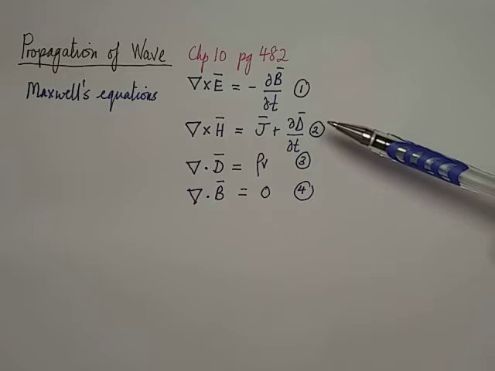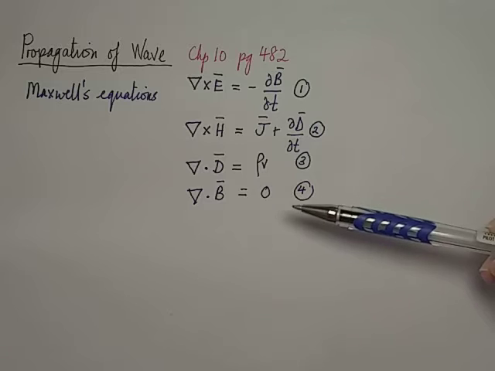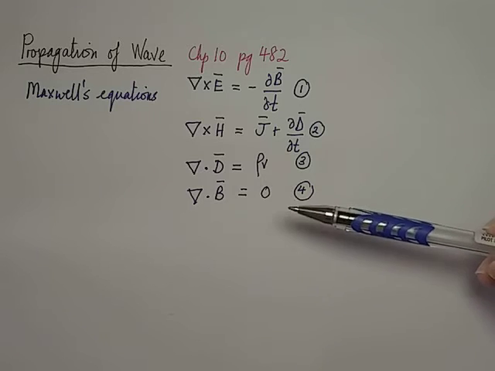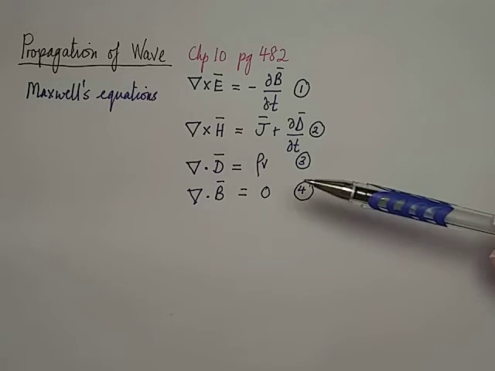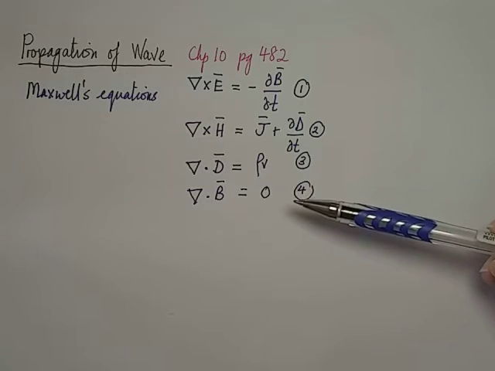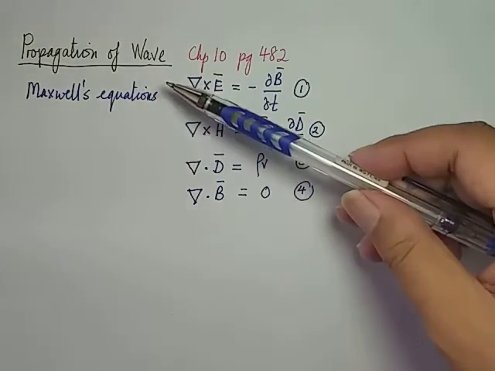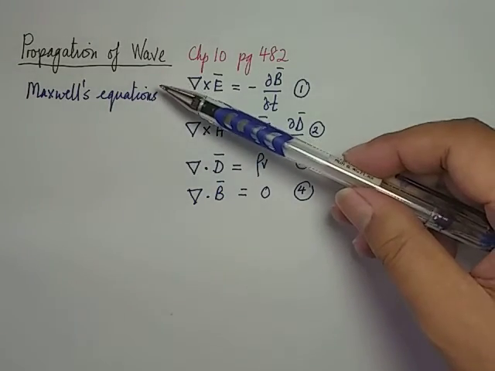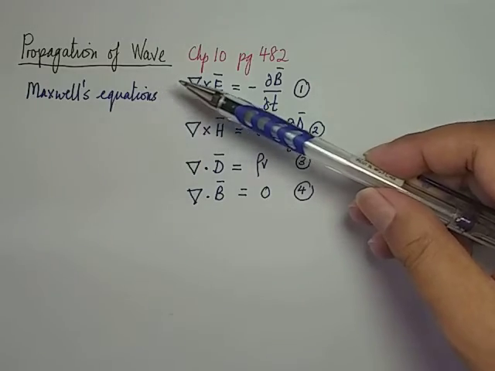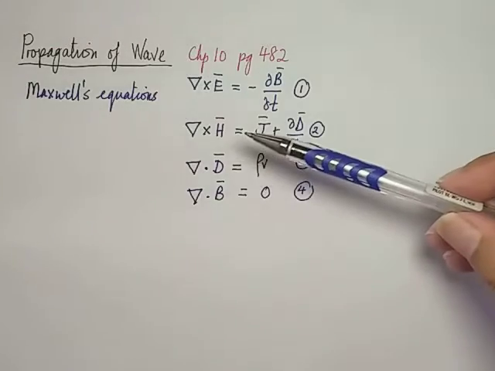Why? Because we can utilize these four equations to explain various applications in electrical engineering. For example, what we're going to talk about today, the propagation of wave, we can prove later that this issue can be explained clearly by utilizing Maxwell equations. So let's talk about the propagation of waves.